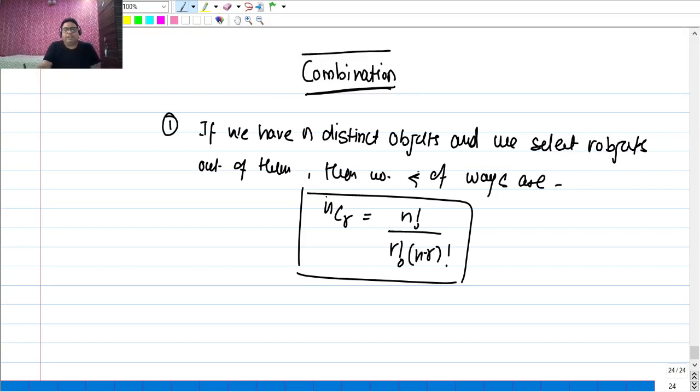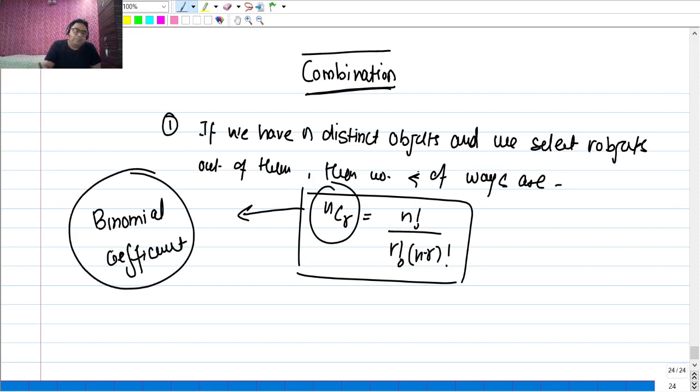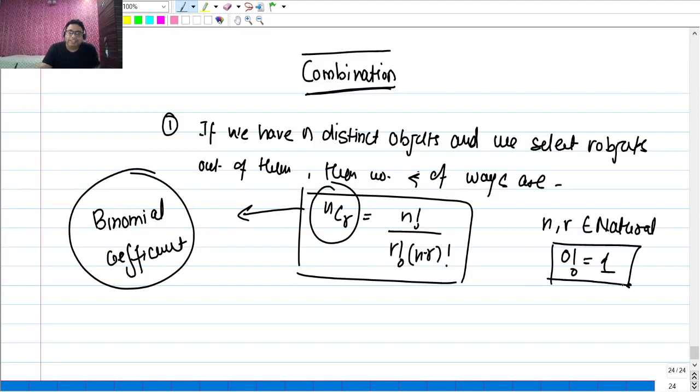Alright, and this NCR is called what? Binomial coefficient. So it's a way of representing NCR. You know factorials are defined, so definitely N and R belong to natural numbers, and I'm writing 0 factorial is equal to 1, very clearly writing it.